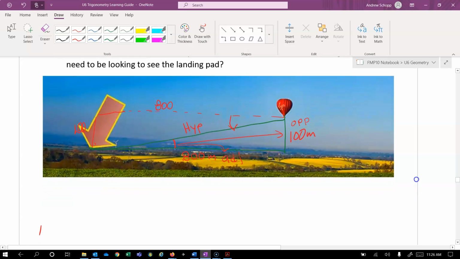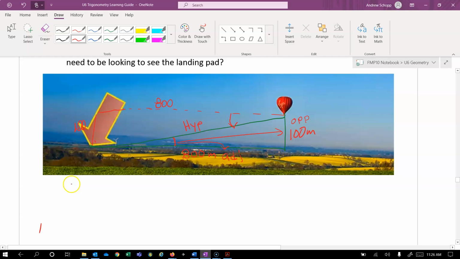So we set up the same trig ratios as we did before. Opposite and adjacent, if we look at SOHCAHTOA, just as a reminder, opposite and adjacent relates to the tangent function.